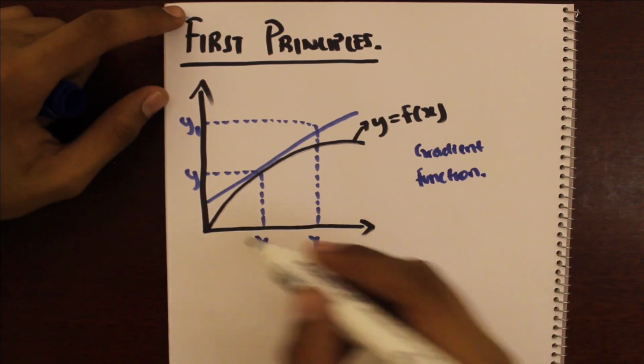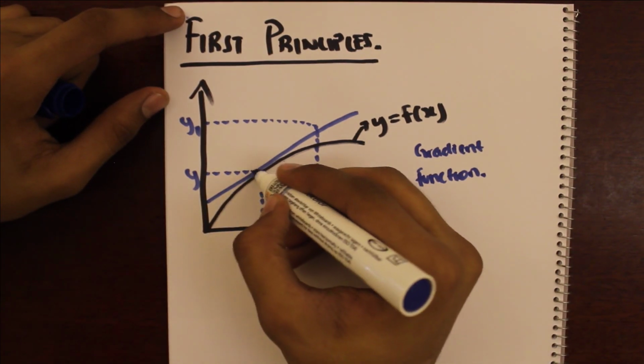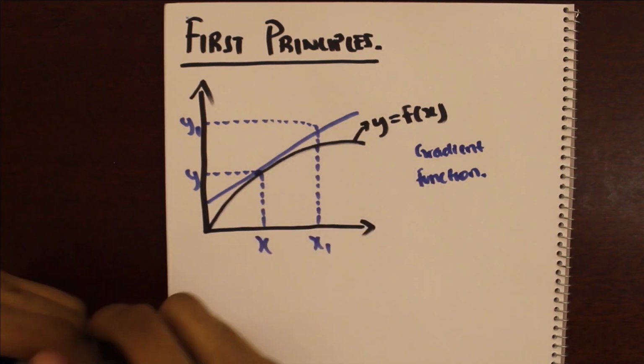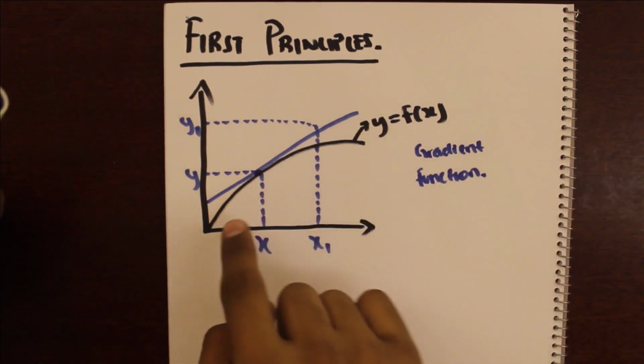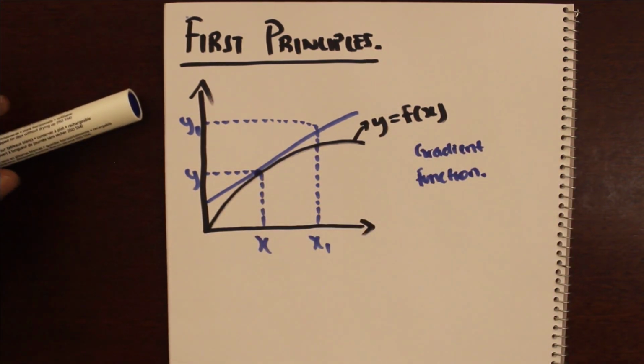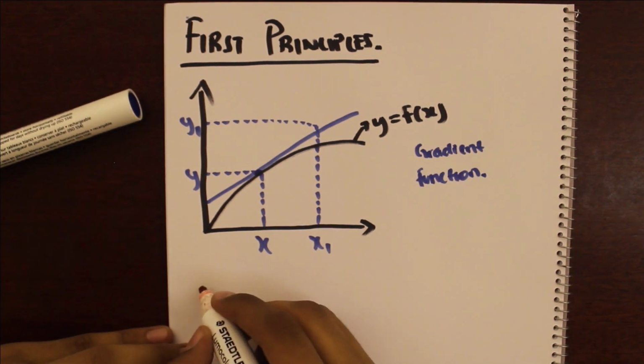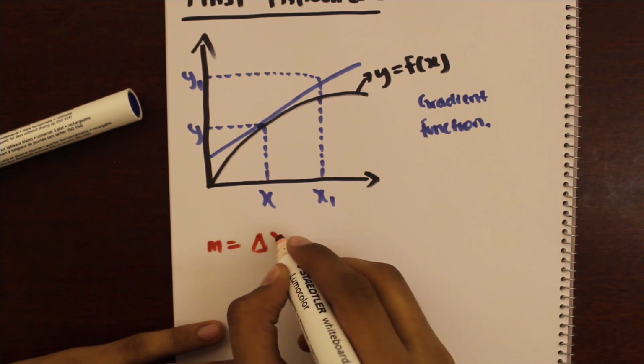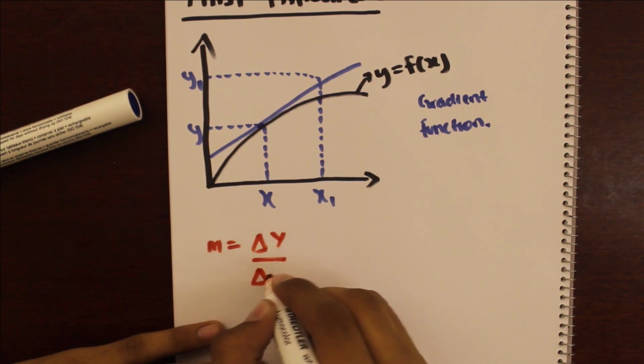Now, to find the gradient at one point, in this case the point (x, y), we draw a tangent at that point and then find the gradient of that tangent. The formula we use is m equals change in y over change in x.